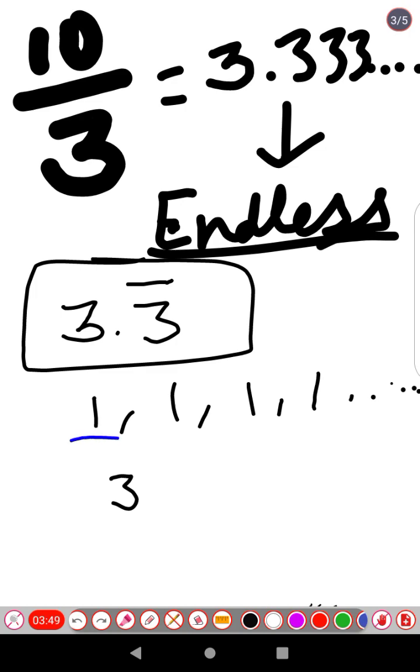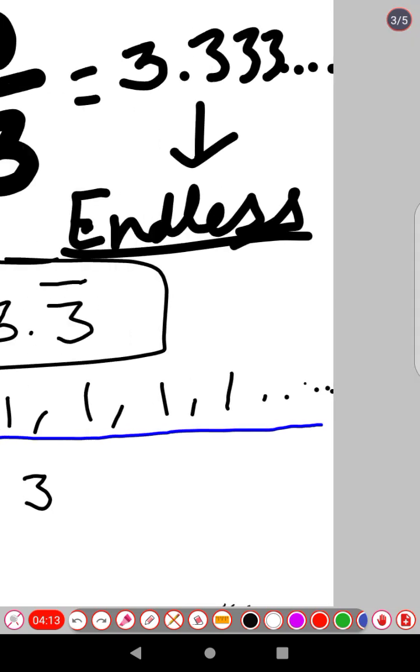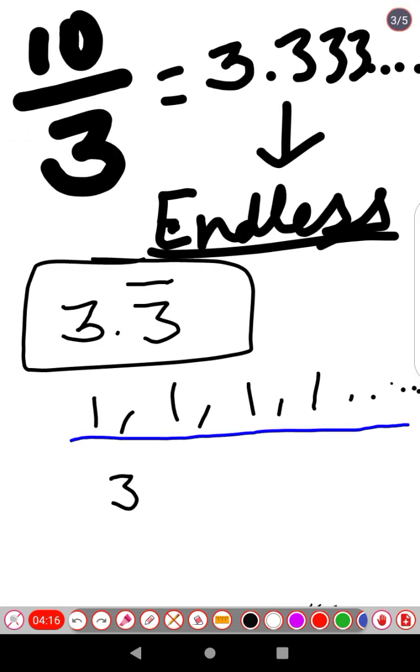And in this example, at the extent of time, the remainder has become 0. The number of entries in the repeating string of remainder is less than the divisor. So, say in this 10 by 3, one number repeats itself and the divisor is 3.